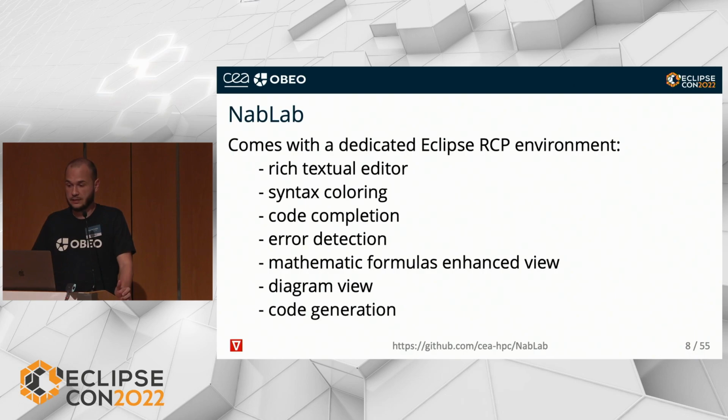NabLab comes with an Eclipse RCP environment, allowing to manipulate this textual DSL through a rich textual editor with all the tooling expected, such as the code completion, the syntax coloring, or the error detection. It also provides an enhanced view for the display of mathematical formulas, a diagram view, and the possibility to generate source code.